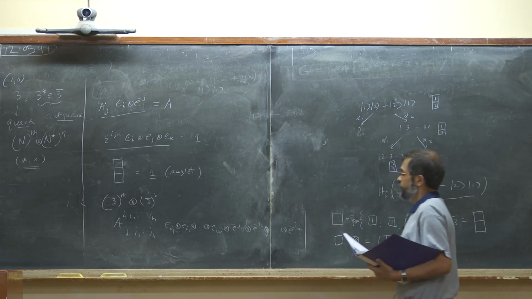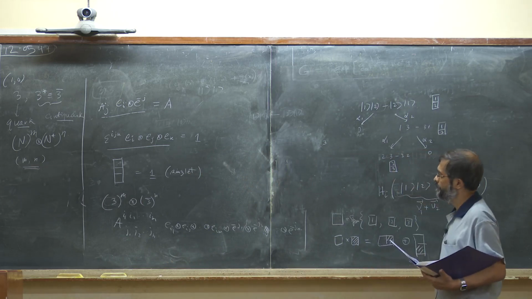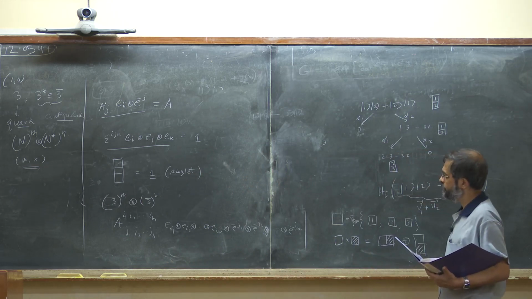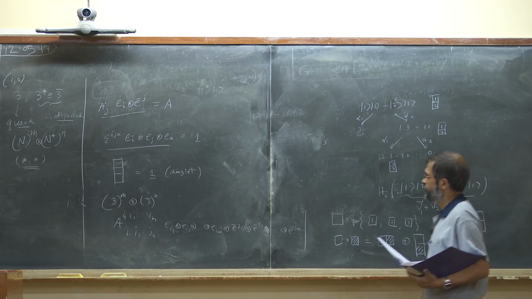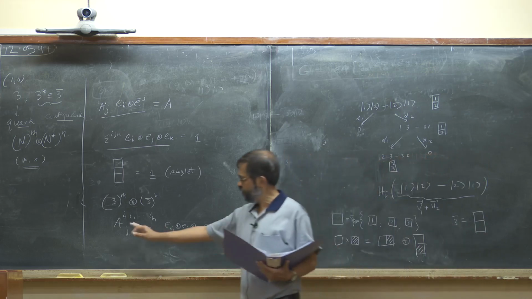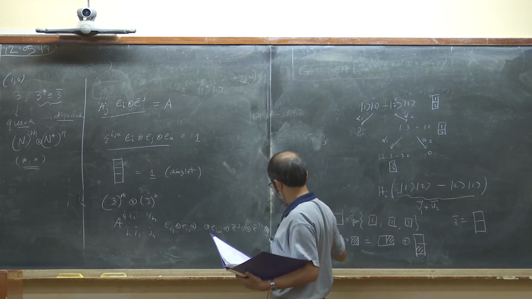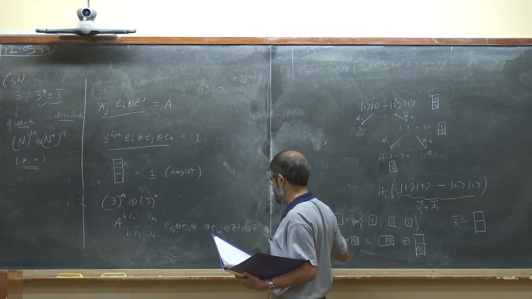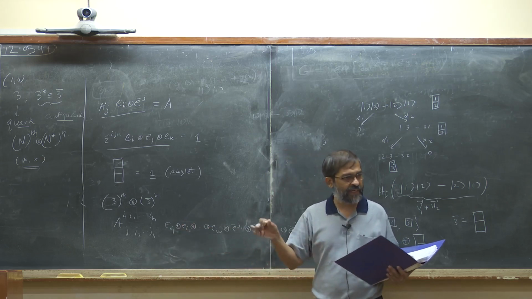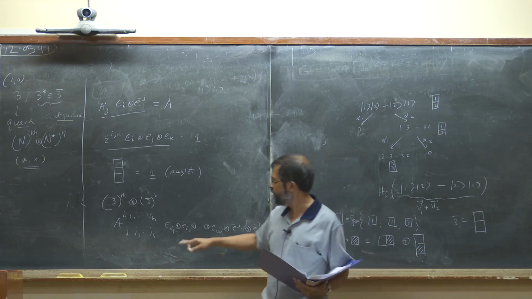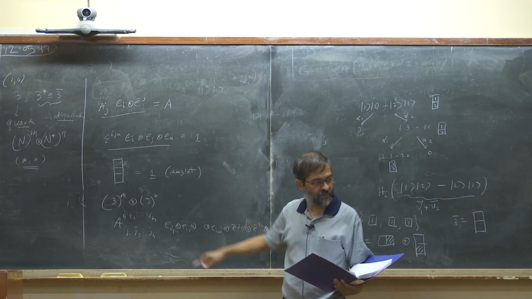Good. Then again, there is a particular subspace of this vector space, an irrep, obtained by taking the highest weight state of this one.